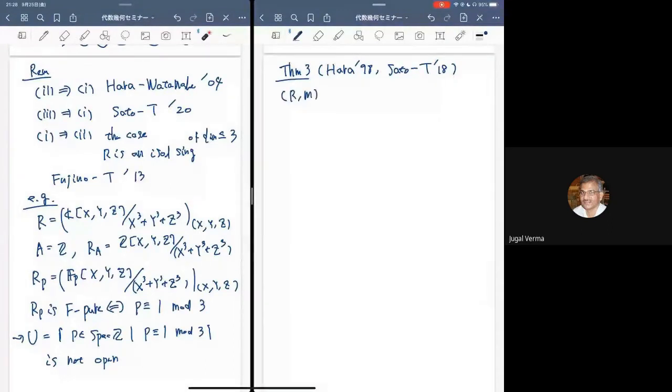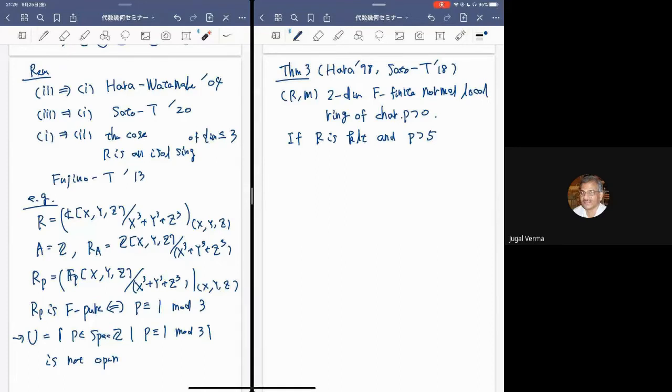Let R be a two-dimensional F-finite normal local ring of characteristic P. If R is KLT and P is greater than 5, then R is F-regular.